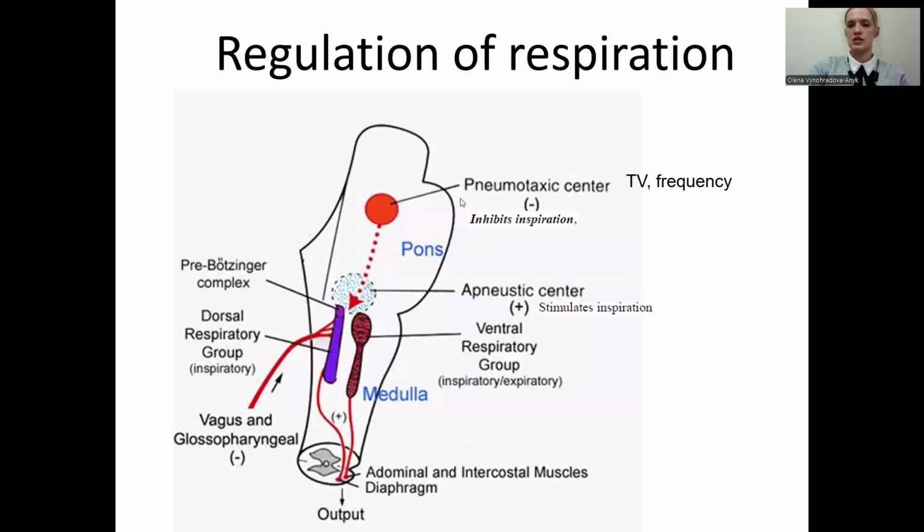Because the pneumotaxic center is able to inhibit inspiration, this center is responsible for tidal volume and for the frequency of our respiration. An important moment is that all these centers, and first of all the dorsal and ventral respiratory groups, send signals to the abdominal and intercostal muscles and to the diaphragm through the spinal cord.